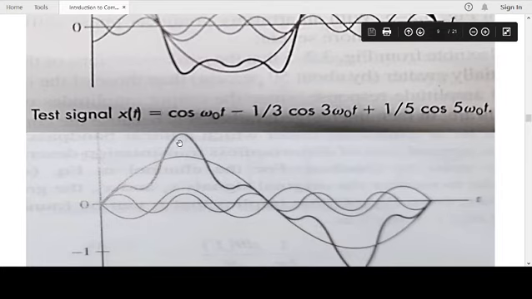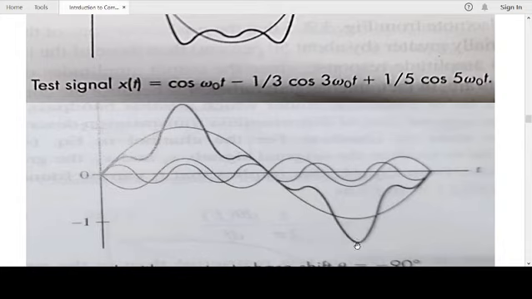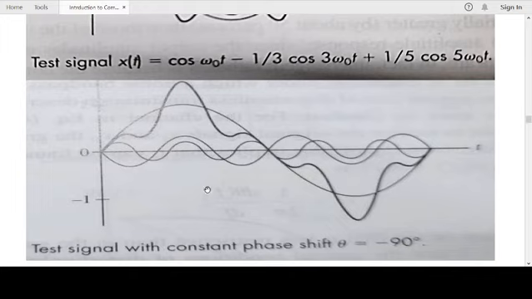The maximum peak of this signal is now almost 50% more than the amplitude of the square wave. It's almost 1.5. The excursion is plus 1.5, minus 1.5. The signal is completely distorted. So you see the effect of constant phase shift. Just with a minus 90 degree example, you see that the signal has been totally distorted. It no more represents a pure square wave.